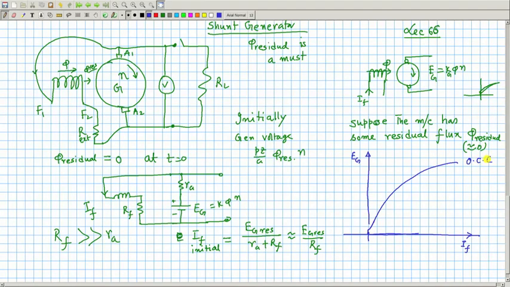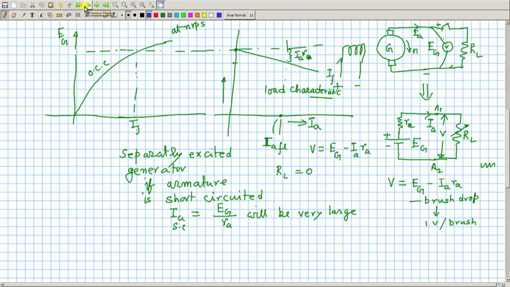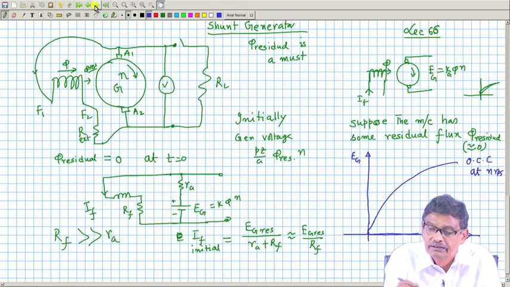If you carry out the OCC and if this machine has been earlier used, so that it left some residual field there, then even with field current 0 at rated RPM, you will find that in this circuit with no field current, IF equal to 0, you may expect a little voltage here because of residual field, because kg phi n is the generated voltage and that phi is the residual flux.